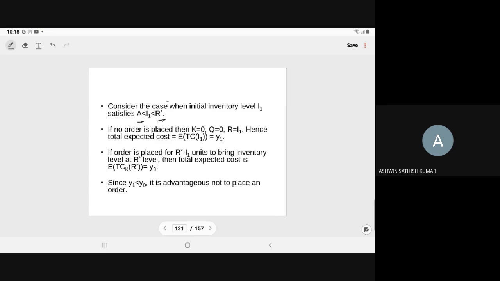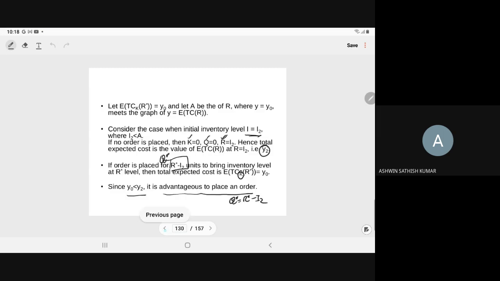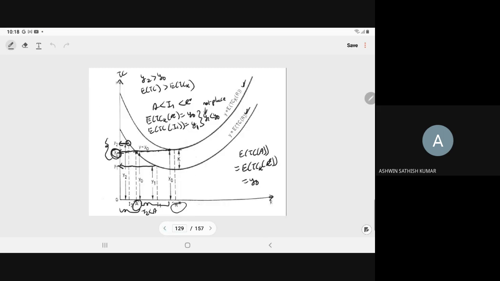So here, in the second case, I have assumed that I1 is the initial inventory level, and it is above A but lesser than R star. So here we are talking about this region.